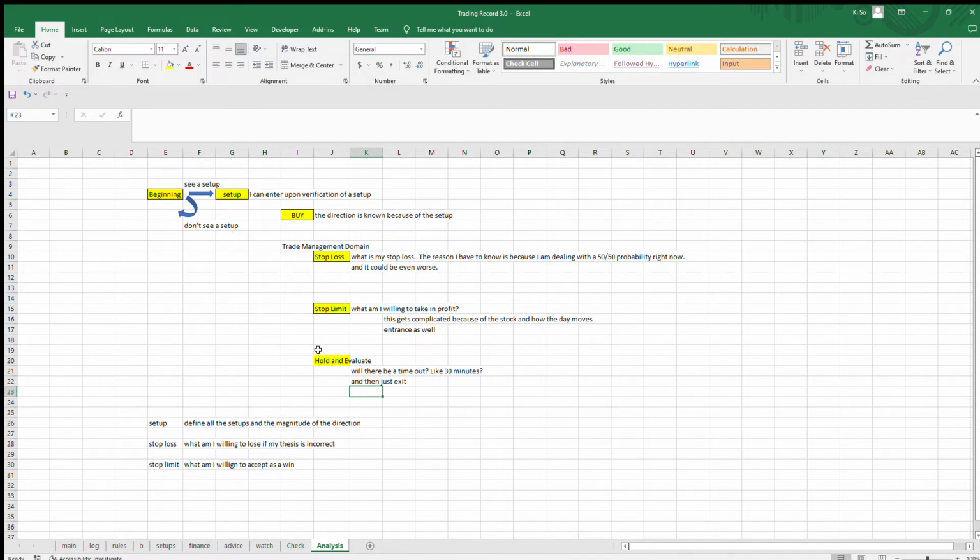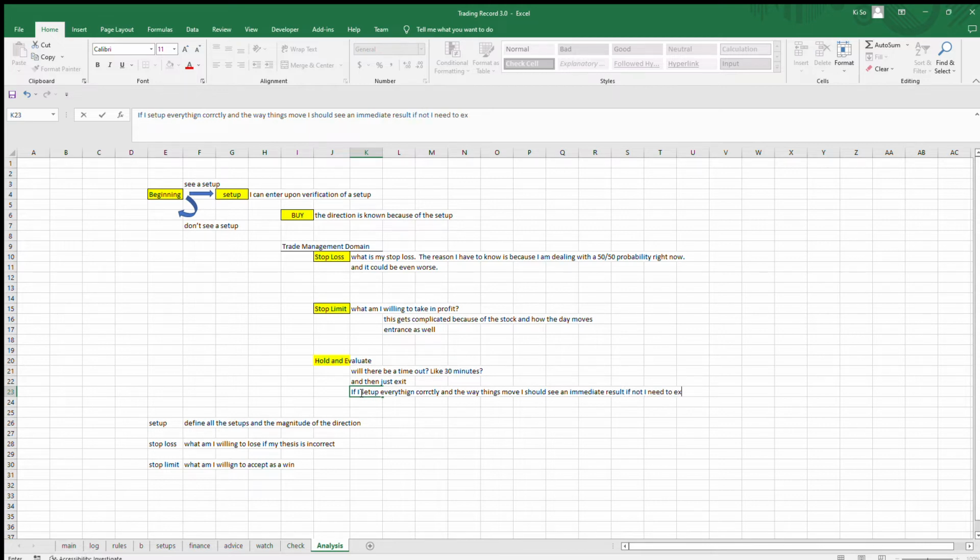If I set up everything correctly and the way things move, I should see an immediate result. If not, I need to exit. This is one step that I need to be careful about and consider.